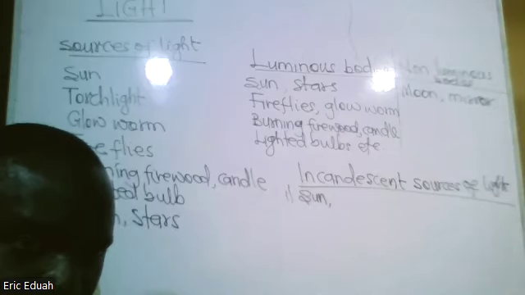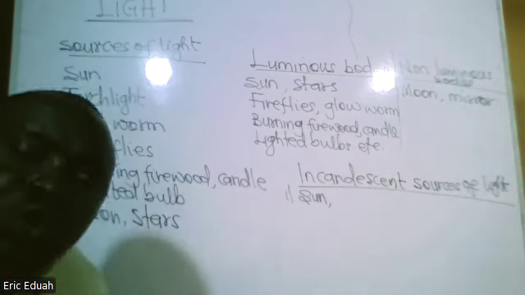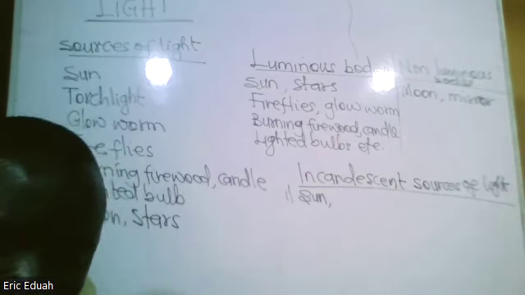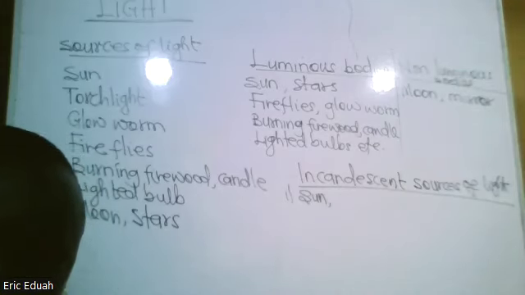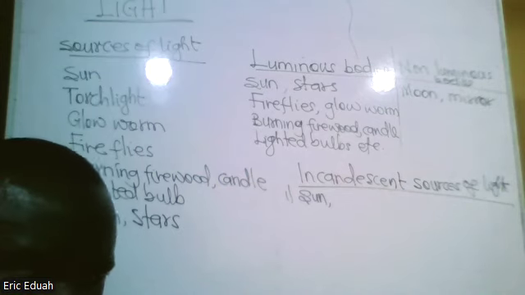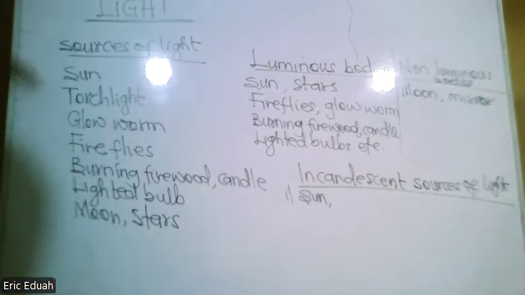As for the sun, we know it serves dual purposes. It produces light and heat. But for the stars, we wouldn't know whether it is incandescent or fluorescent because we don't feel the effect of the light produced by it directly. So the sun, yes, we are bold to put there.